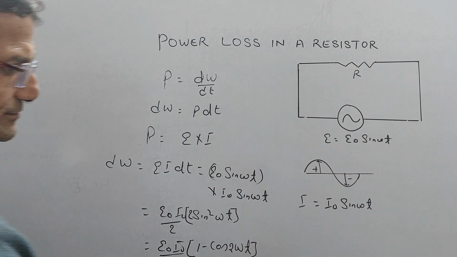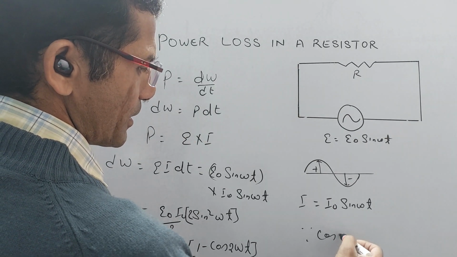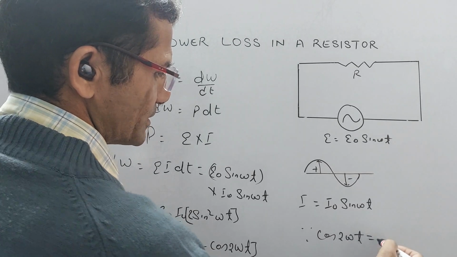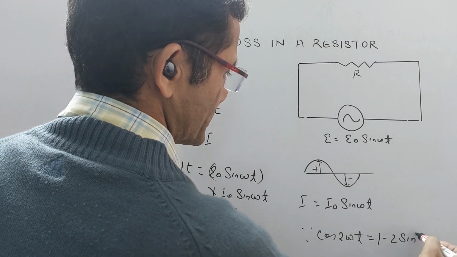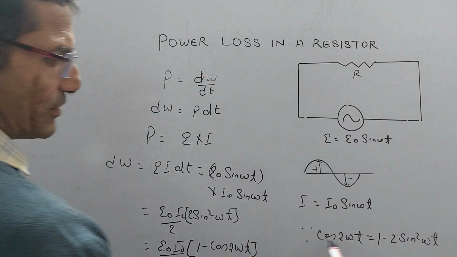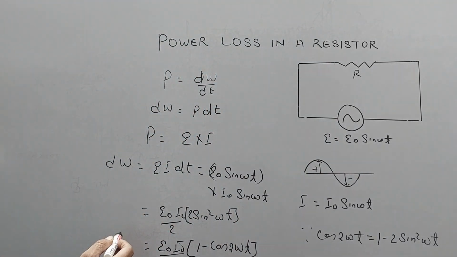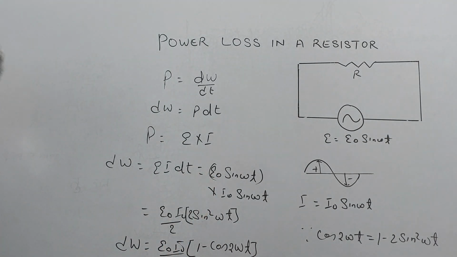We know the relation cos 2 omega t is equal to 1 minus 2 sin square omega t, so this relation comes from that. So this is our work done at time t in the small time interval dt.